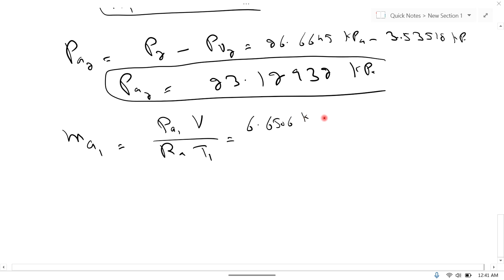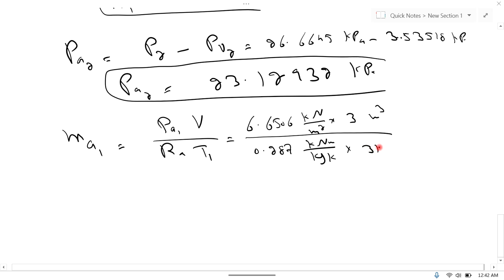Kilopascal means kilo and pascal is equal to Newton per square meter. Volume is 3 cubic meter, which is given. RA is 0.287 kilojoule, and joule is equal to Newton meter, per kilogram per Kelvin. Into T1, which is 311 Kelvin.